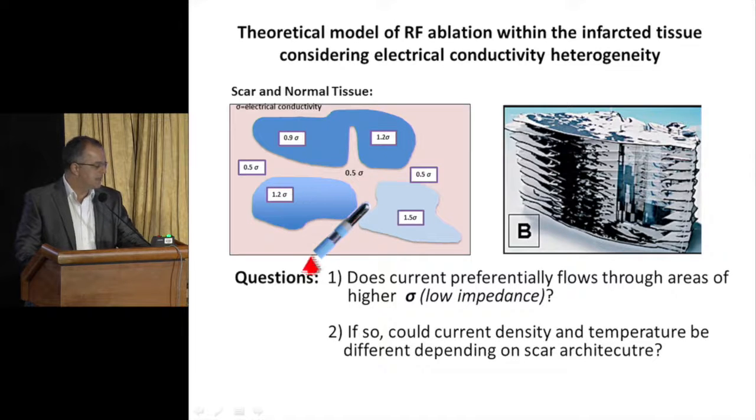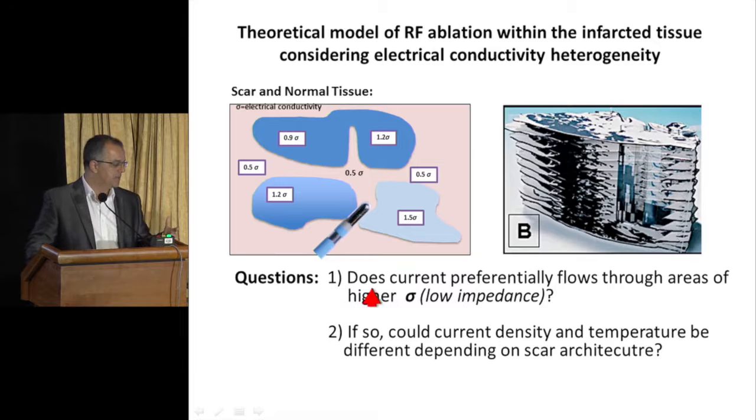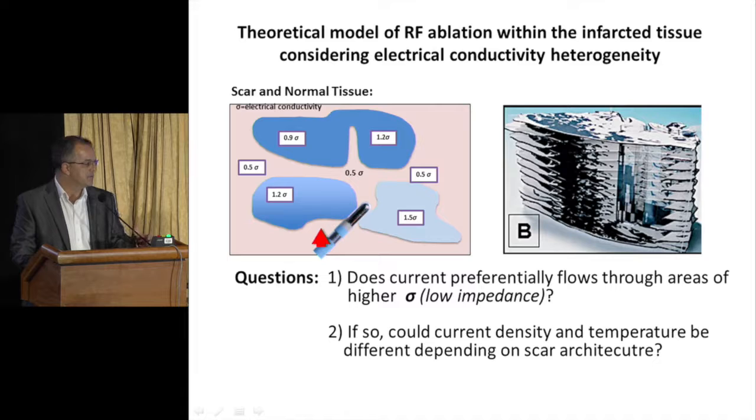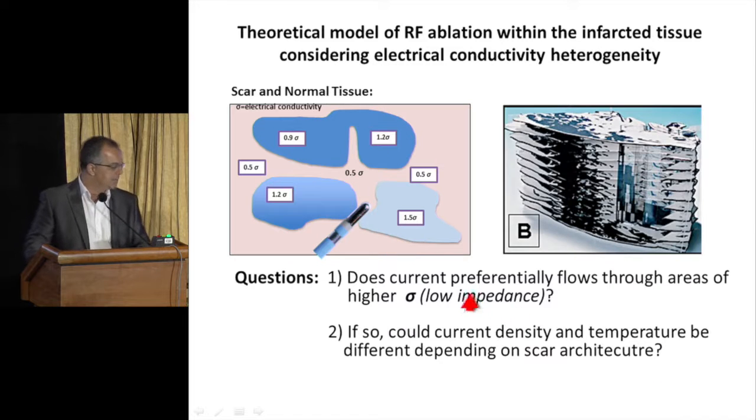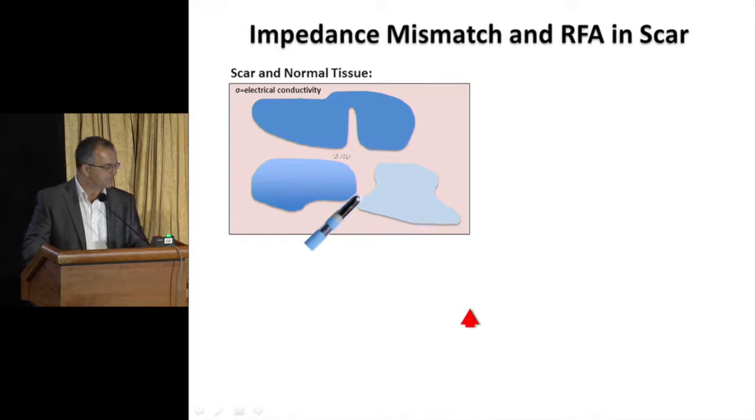So if this is correct, let me ask you a couple of questions. If the conductivity is different depending on the component of the scar that you're nearby, can current flow preferentially to areas with low impedance, to areas with very high electrical conductivity? And if it does that, how is temperature going to behave inside the scar?